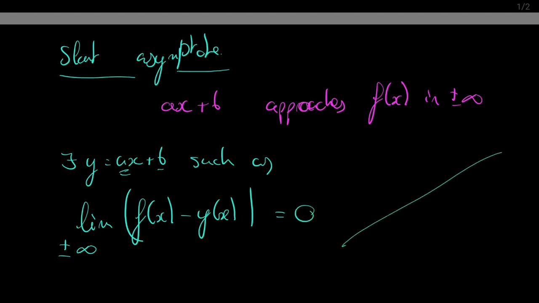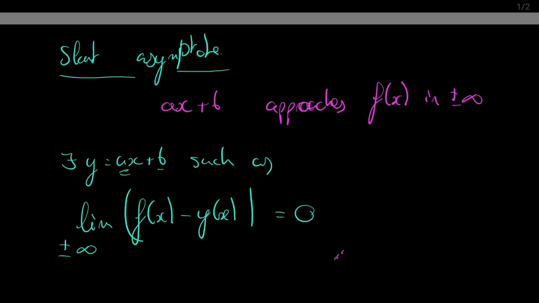That will mean that if I have a straight line like that, in minus the infinity and plus the infinity, the distance between f of x and our straight line will get smaller and smaller.